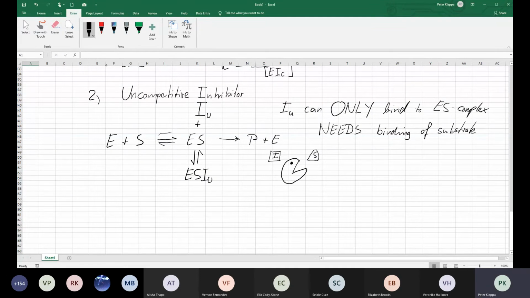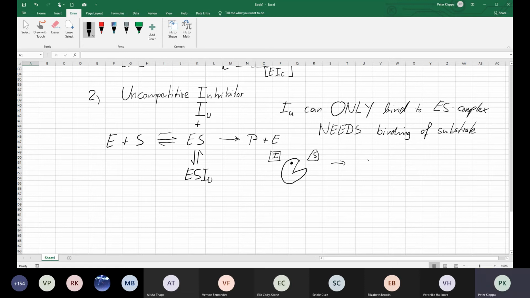The inhibitor can't do anything with the free enzyme, because this uncompetitive inhibitor cannot bind to the free enzyme.